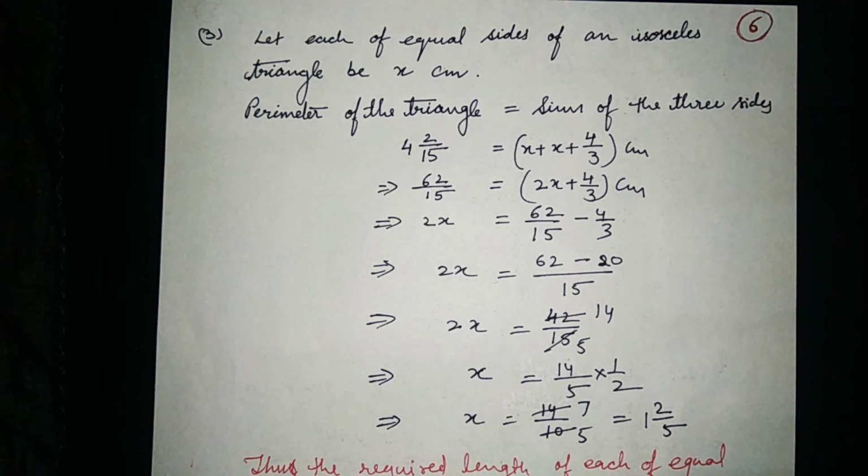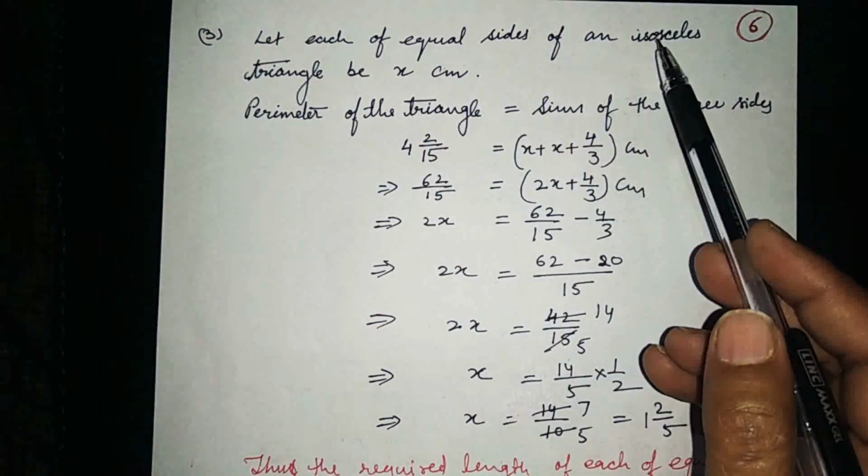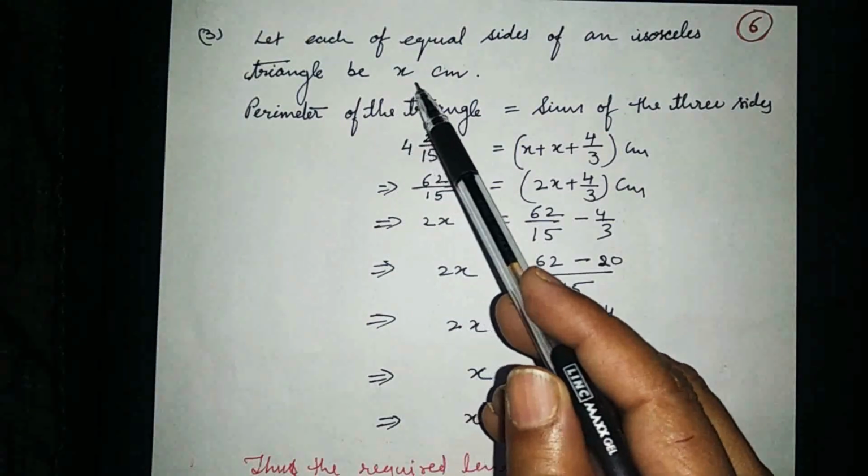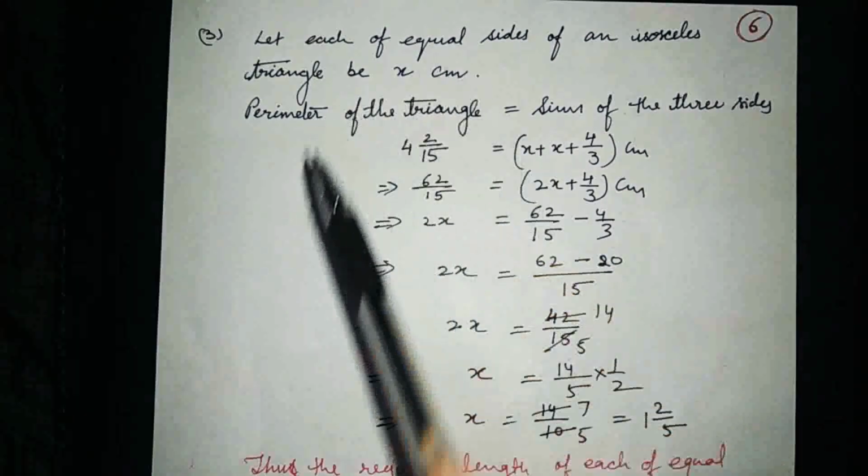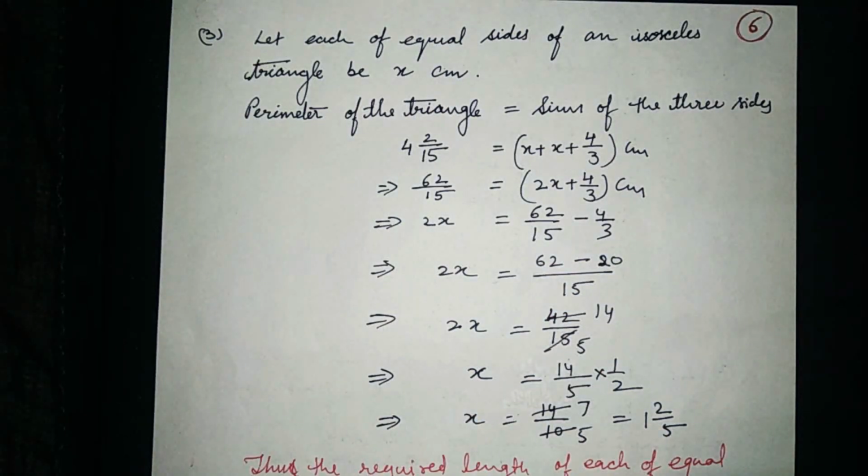You know that an isosceles triangle has two sides equal. So here we will assume, let each of the equal sides of the isosceles triangle be x centimeter. We do not know the length of these two sides, so we will assume this.